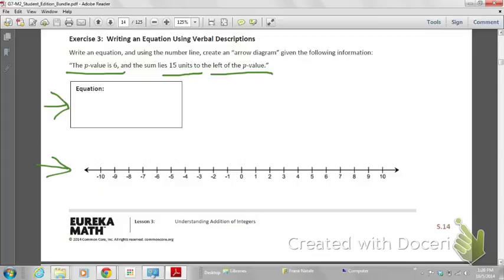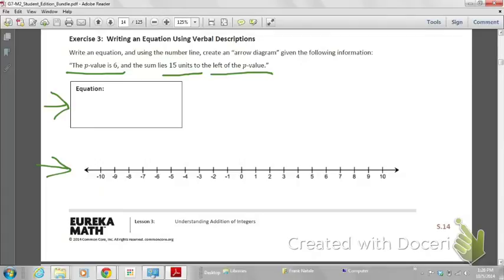Okay? Use that information to create an equation and to make an arrow diagram above the number line. Okay, so go ahead, pause, do that, and just do what it tells you, and I think you'll know how to do it.